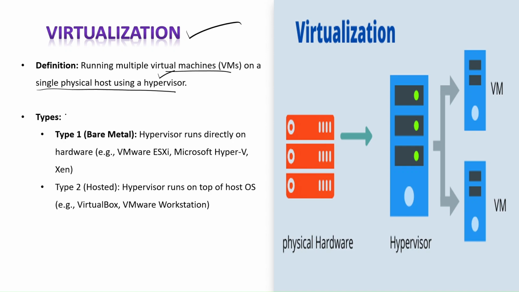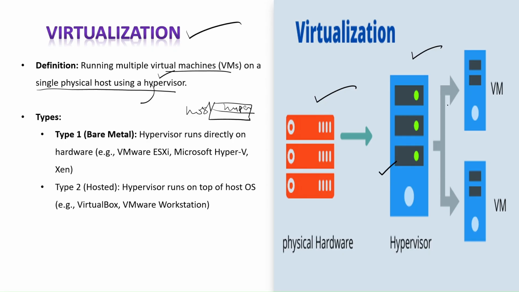So these are the types of hypervisor. Hypervisor is basically, you can say, this is your physical host. On top of that host, you deploy a hypervisor. Traditionally, we used to deploy the operating system directly on that host. Now you deploy the hypervisor, and as we can see in the diagram, this is your physical host, you have the hypervisor on that host, which is, you can say, the virtualization OS.